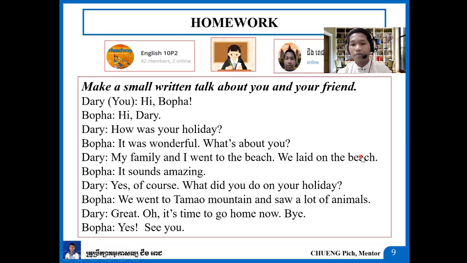We lay on the beach. Okay. Bopa say, it sounds amazing. Dari say, yes, of course. What did you do on your holiday? Bopa say, we went to Tamang Mountain and saw a lot of animals there. Dari say, great. Oh, it's time to go home now. Bye. Bopa say, yes, see you.